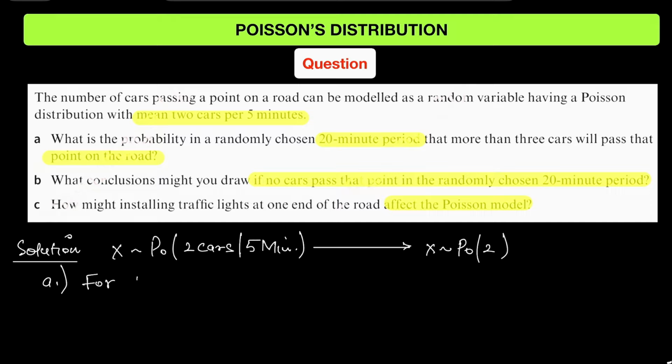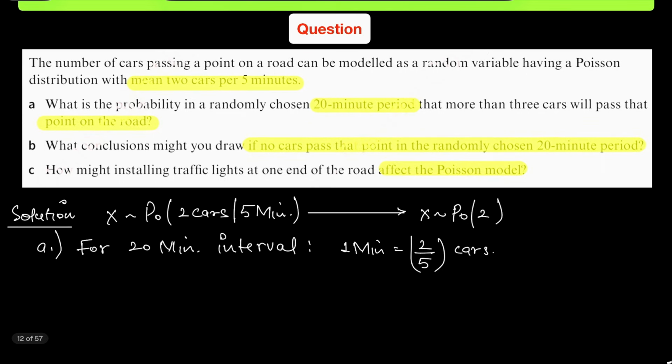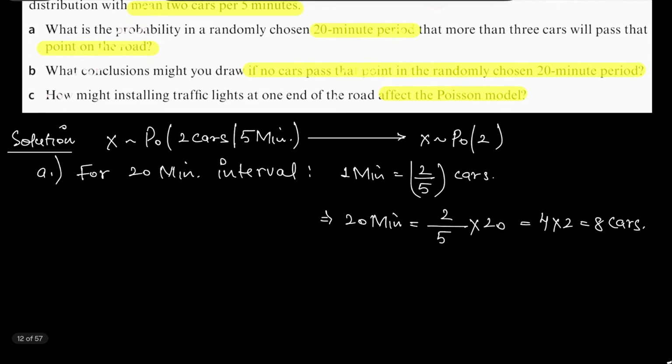So first of all, for a 20-minute period, there will be a change in the mean. So for the 20-minute interval, we will change the original data accordingly. We will write that 1 minute is equal to 2 upon 5 cars. So it implies that for a 20-minute interval, this is going to become 2 over 5 times 20. That gives you 4 times 2, that is 8 cars in a 20-minute interval.